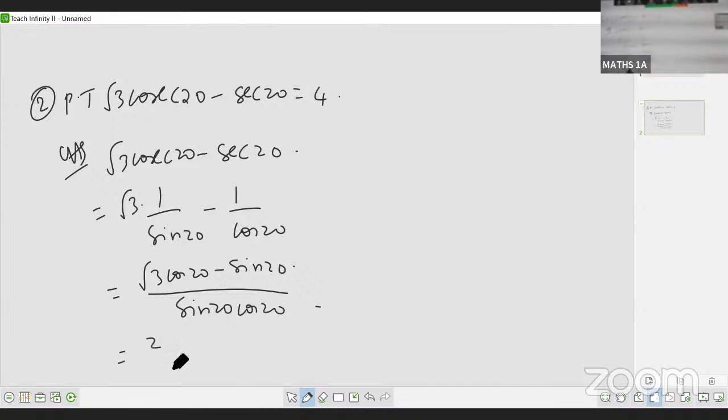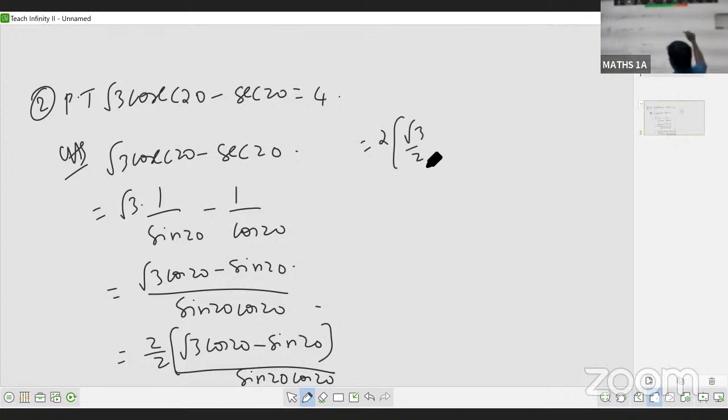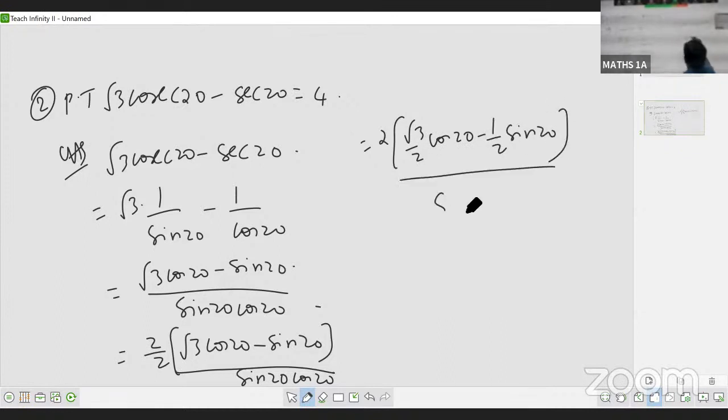So multiply and divide with 2 outside. Now that is 2 into, this becomes root 3 by 2 cos 20 minus 1 by 2 sine 20, divided by sine 20 cos 20.